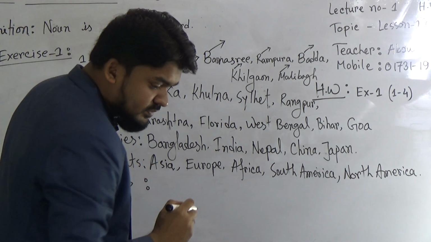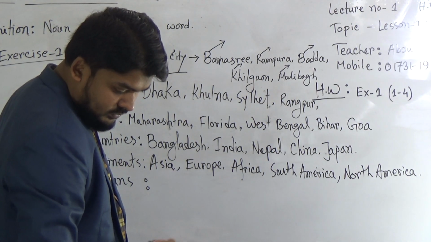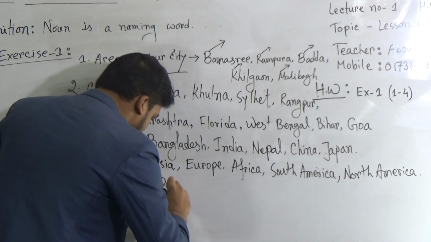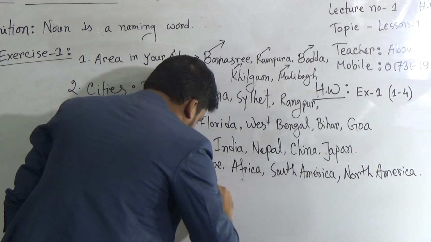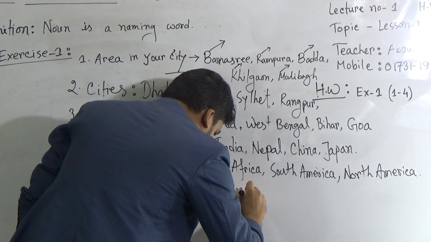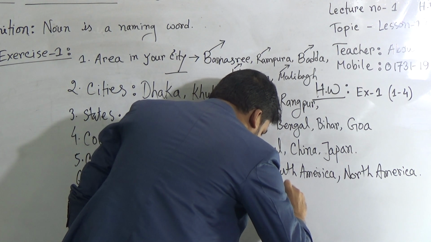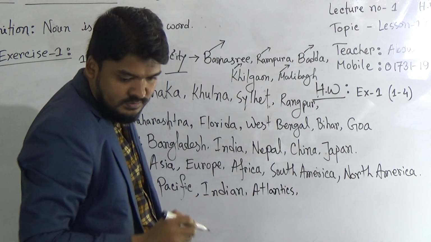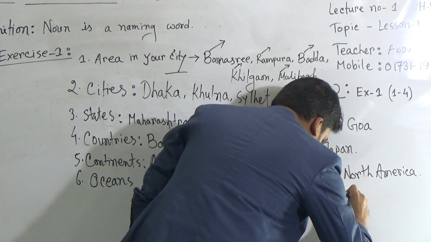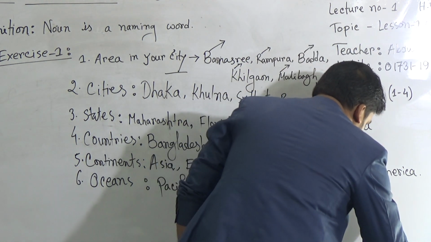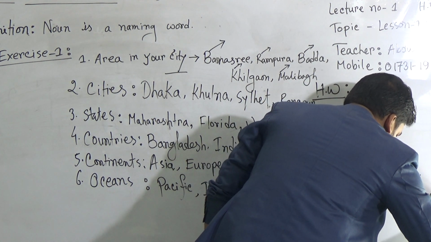This is common noun, and you have to write 5 proper nouns from oceans: Pacific, Indian, Atlantic, North Ocean, and Bay of Bengal.